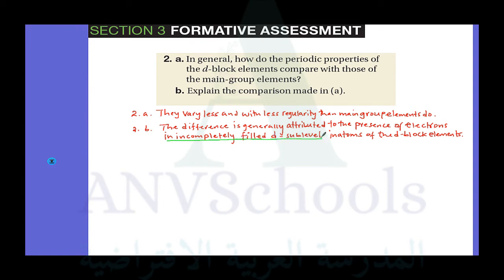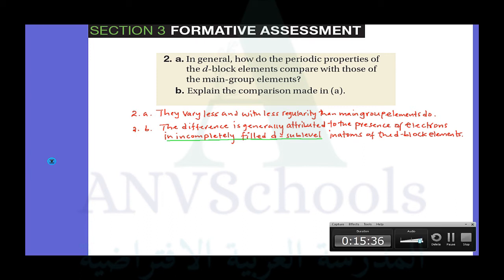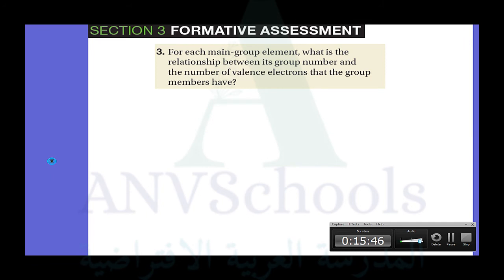So when it comes to question number 3: for groups 1 and 2, for each main group element, what is the relationship between its group number and the number of valence electrons?